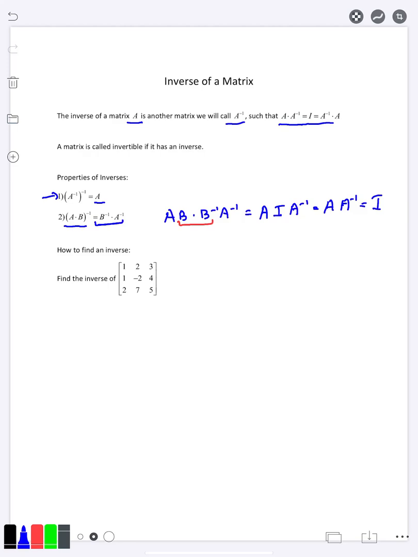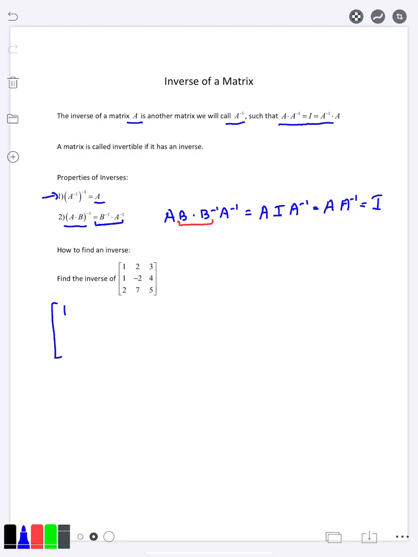And now the big question is, how do we actually find this inverse? Now there is a shortcut for 2 by 2 matrices. I'm not going to go over it in this video, but if someone is interested, they can look in the book to find the shortcut. I'm going to show you the general process here. It's kind of a pain.